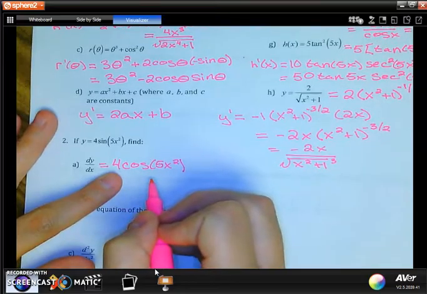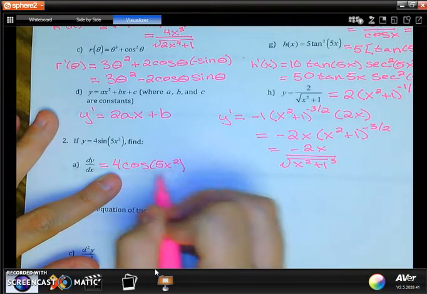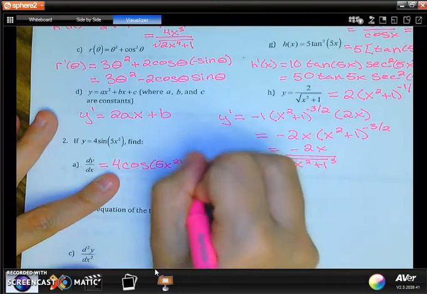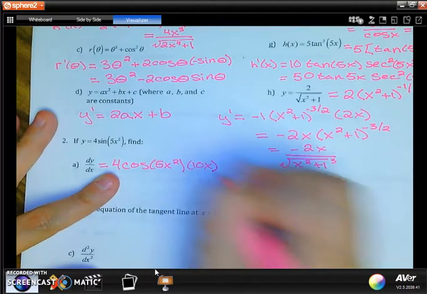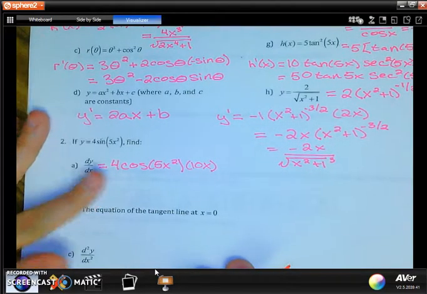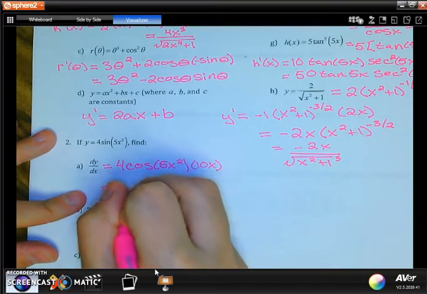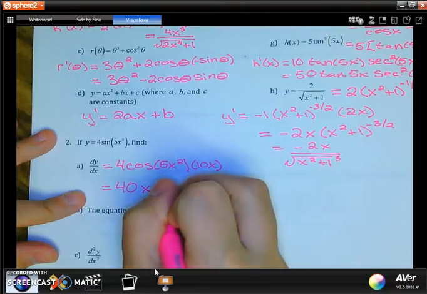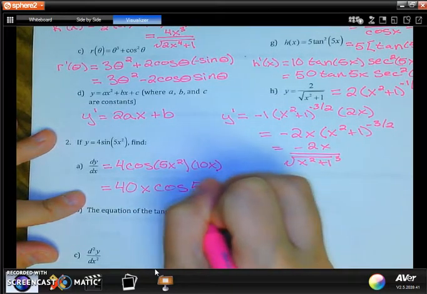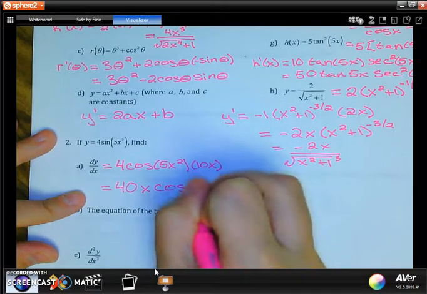Multiplied by the derivative of that. Well, the derivative of what's inside here is a 10x. So there's that. Again, if you wanted to rewrite that as 40x cosine 5x squared, that's fine.